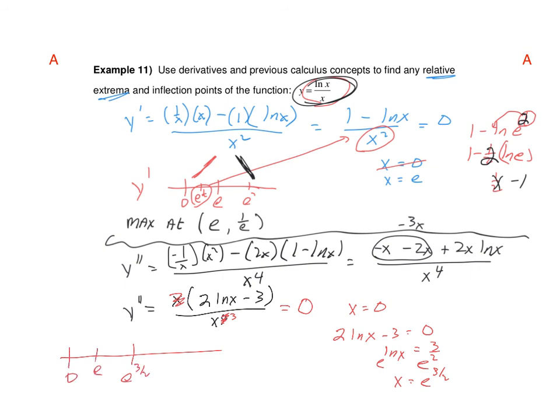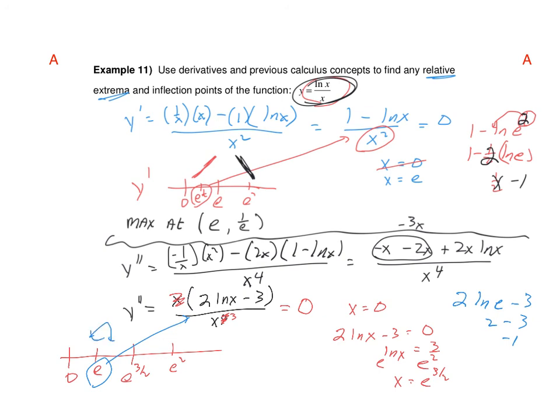So let's use e and e squared then as my test values. So if I take e and evaluate into here, again, the denominator is going to be positive, so that's a non-issue. So I've got 2 ln of e minus 3, which is 2 minus 3, which is a negative 1, so we are concave down.